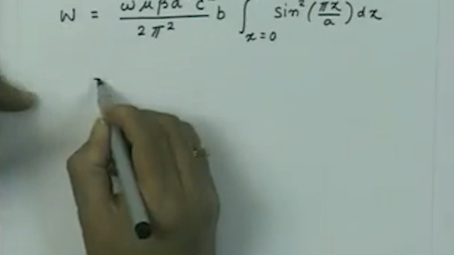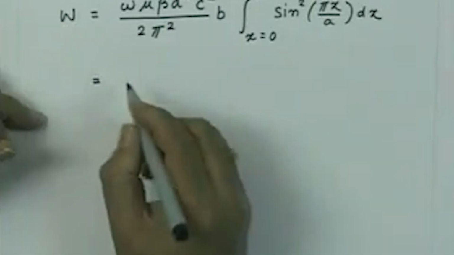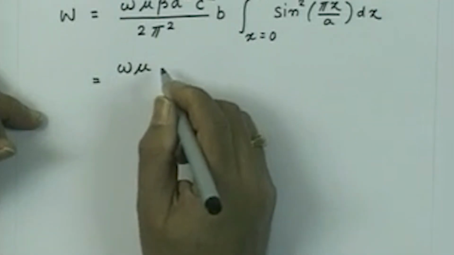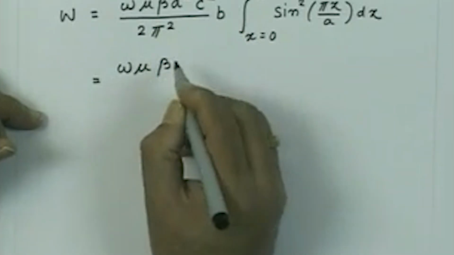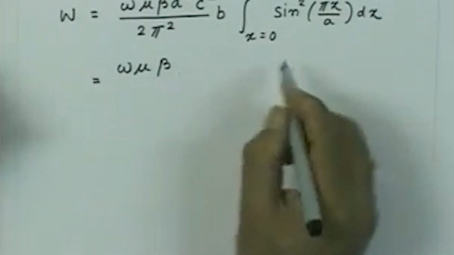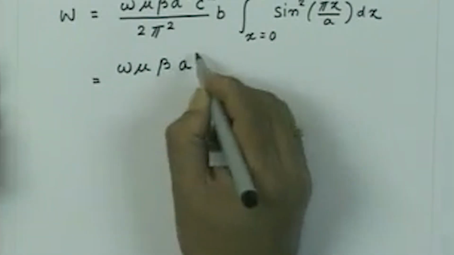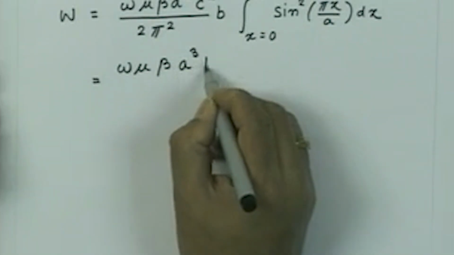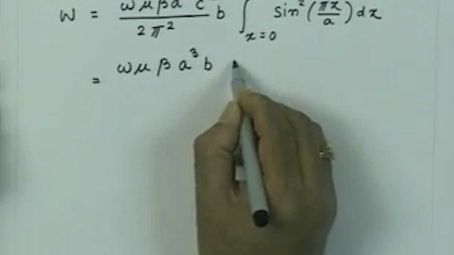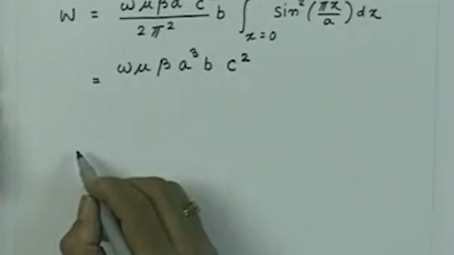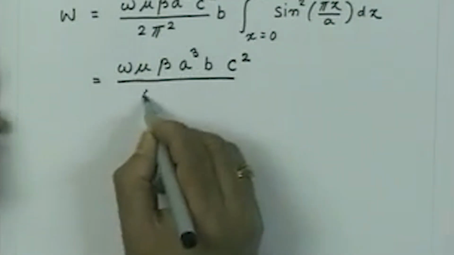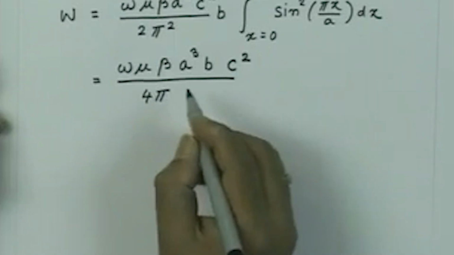So, we can get finally the expression which is omega mu beta a cube b c square upon 4 pi square.